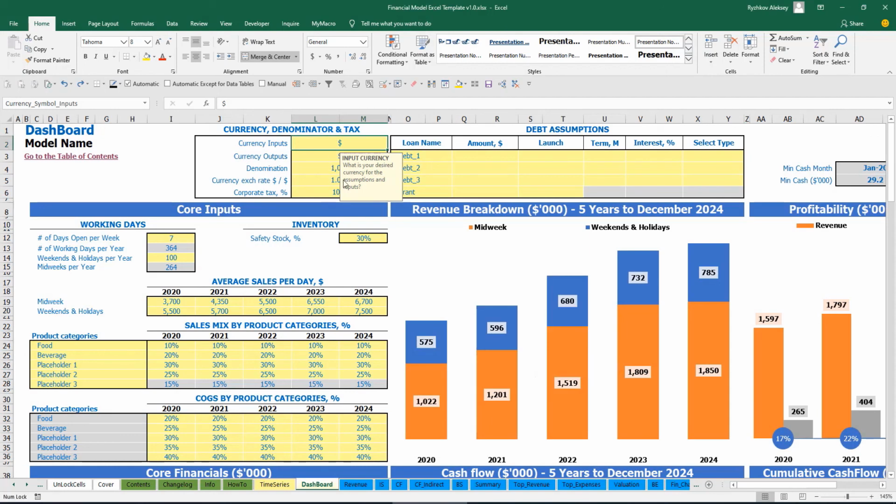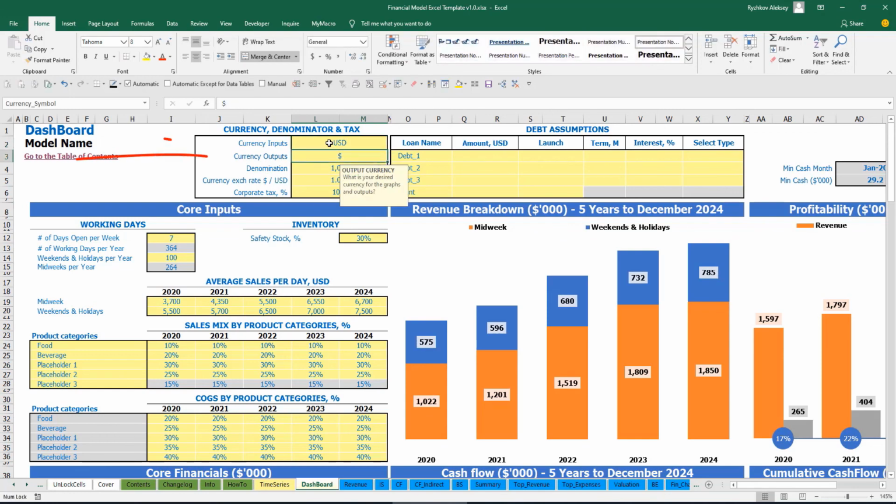On the top of the dashboard you have currency, denomination, and taxes setup. Currency inputs means that you can input all your drivers for the model using one currency. You have currency outputs. It can be the same as currency inputs, and it can be different. So let me give an example.